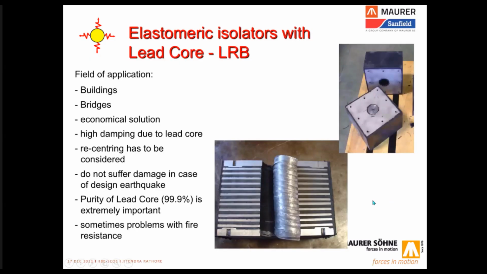When the damping requirement is further increased and it is not possible by virtue of the elastomer alone to fulfill the required damping, then the elastomeric isolators can also be combined with a lead core. This lead core at the center of the bearing provides additional damping by plastic deformation. Pure lead is basically like a tough dough. We have dough, like in Hindi we call it atta.